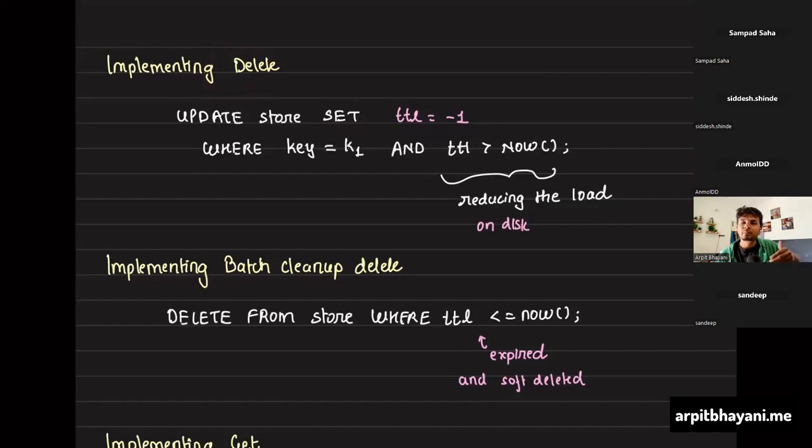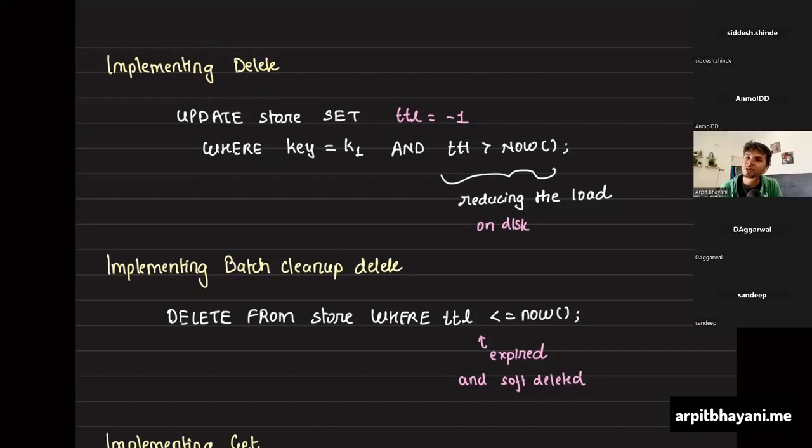Yeah, even by a user, the TTL should be less than now, right? If TTL is less than now, which means it is already expired. Why would you delete something like that? It's delete by a user. Yeah. So if now is 1 and TTL is 2, then you won't delete. Wait, just a minute.